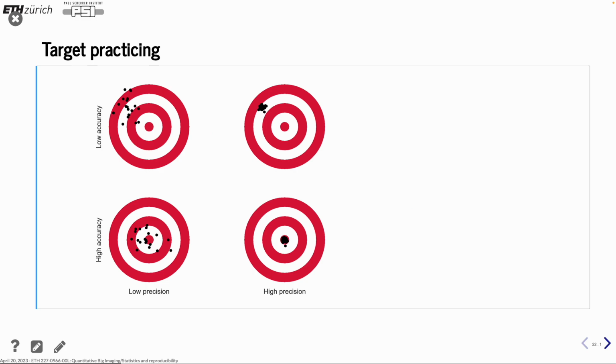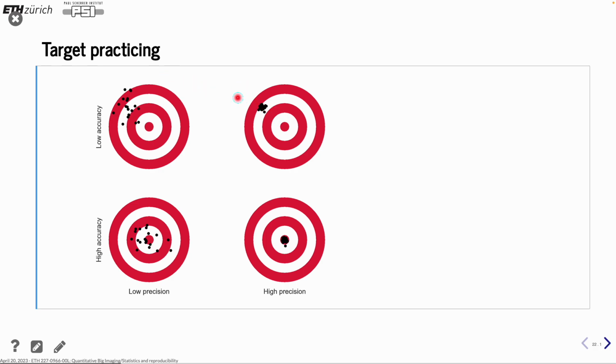And this brings us to this target practicing plot, where we have different cases. We have accuracy on the y-axis and precision on the x-axis. Really bad is when you have both low accuracy and low precision, because then you have really a splat which is off where you should measure.